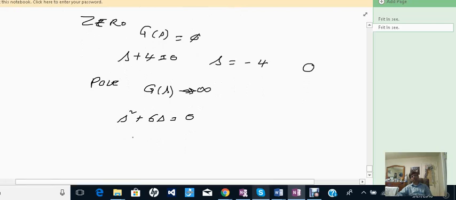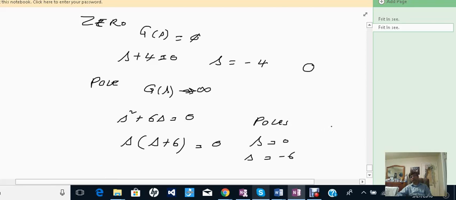We can factor out the s, and you will have s times s plus 6. So in reality, this has two poles. One is at s equal to 0, and the other is at s equal to minus 6. These are the poles, and poles are represented symbolically by a cross like this.